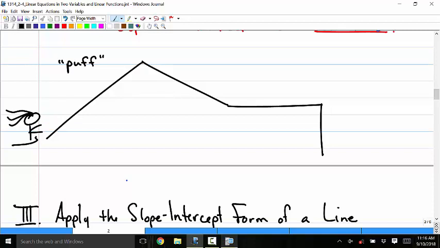So when your line is going uphill from left to right, you're puffing because the slope is a positive number. The slope is always bigger than 0. It's a positive number if you're going uphill from left to right.